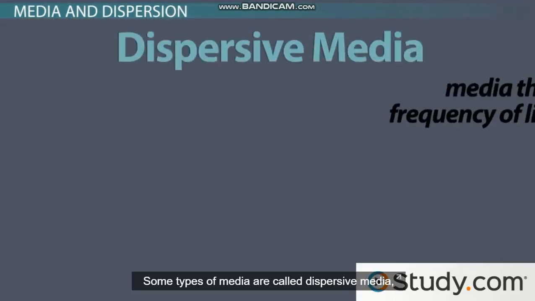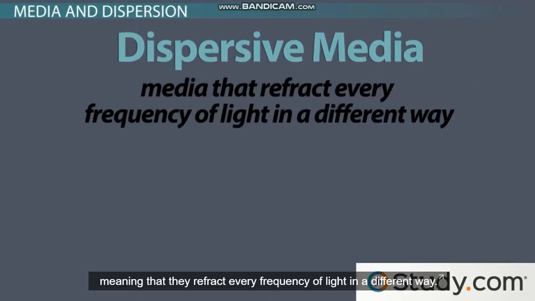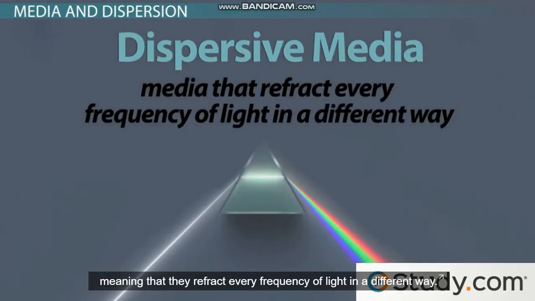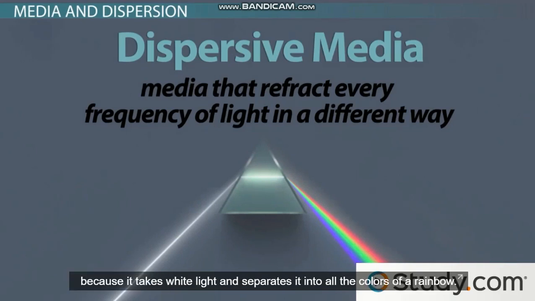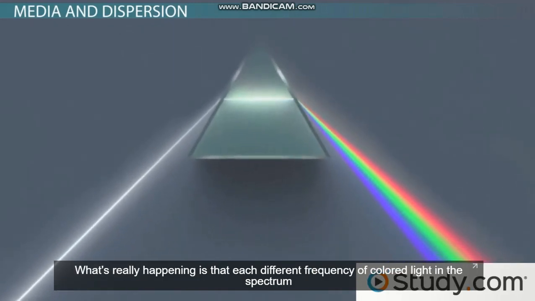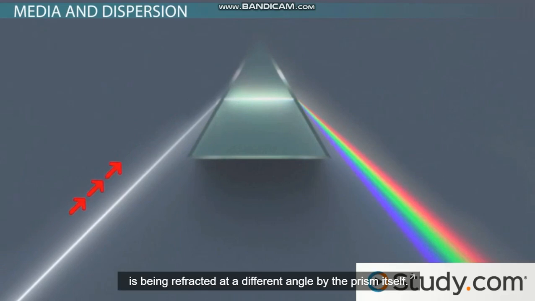Some types of media are called dispersive media, meaning that they refract every frequency of light in a different way. A prism is one kind of dispersive medium because it takes white light and separates it into all the colors of the rainbow. What's really happening is that each different frequency of colored light in the spectrum is being refracted at a different angle by the prism itself.